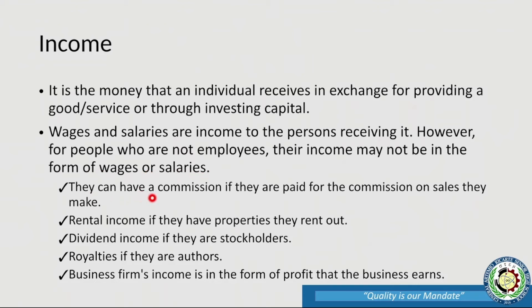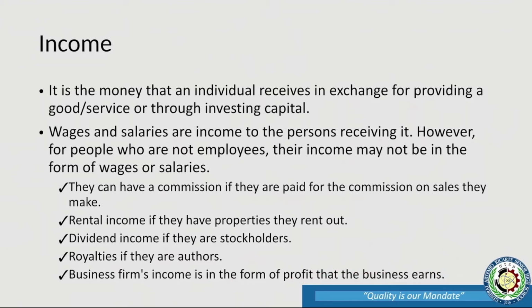They can have a commission if they are paid for a commission on sales they make. Rental income if they have properties they rent out. Dividend income if they are stockholders. Royalty if they are authors, and a firm's income is in the form of profit that the business earns.